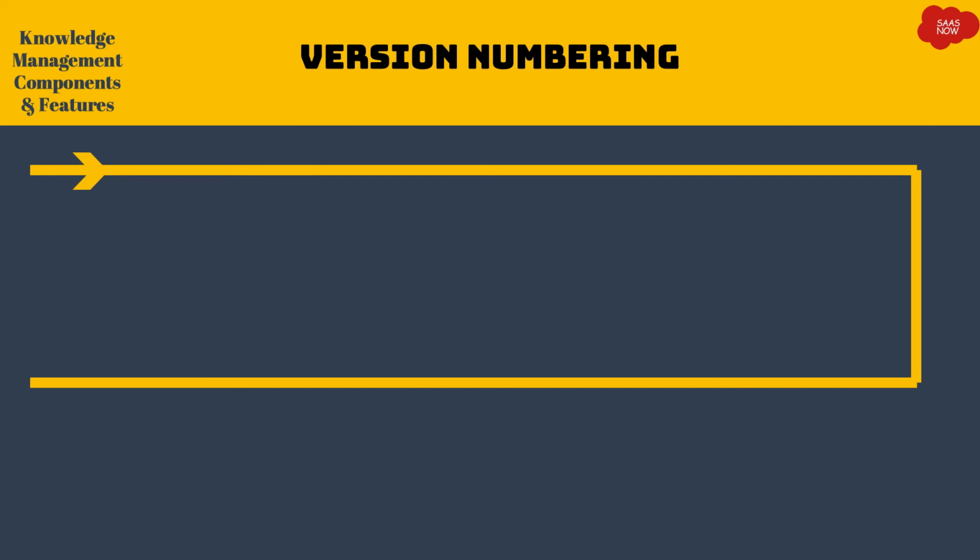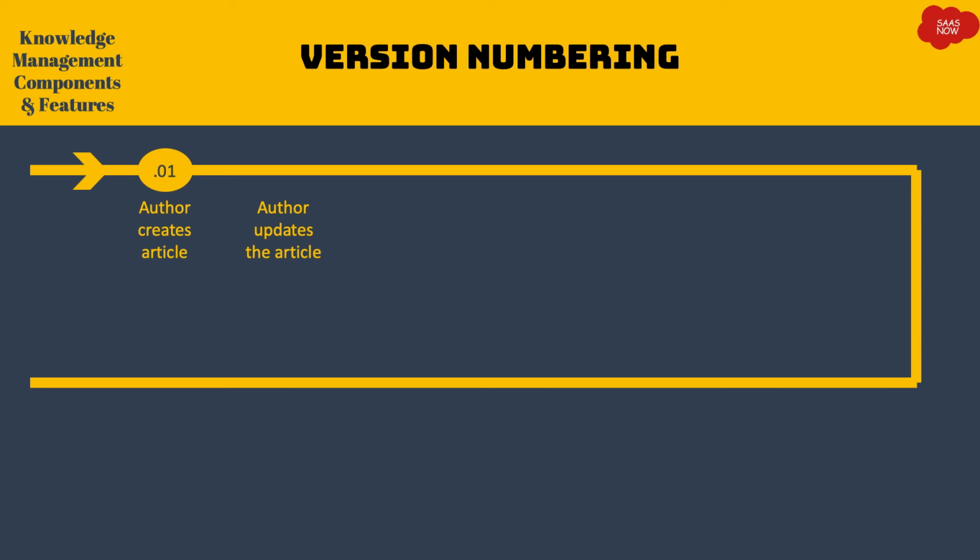Version numbering. There is a specific way that numbers are assigned to an article. When an author creates an article, the first time you click the create new button, it creates the first version as 0.01.